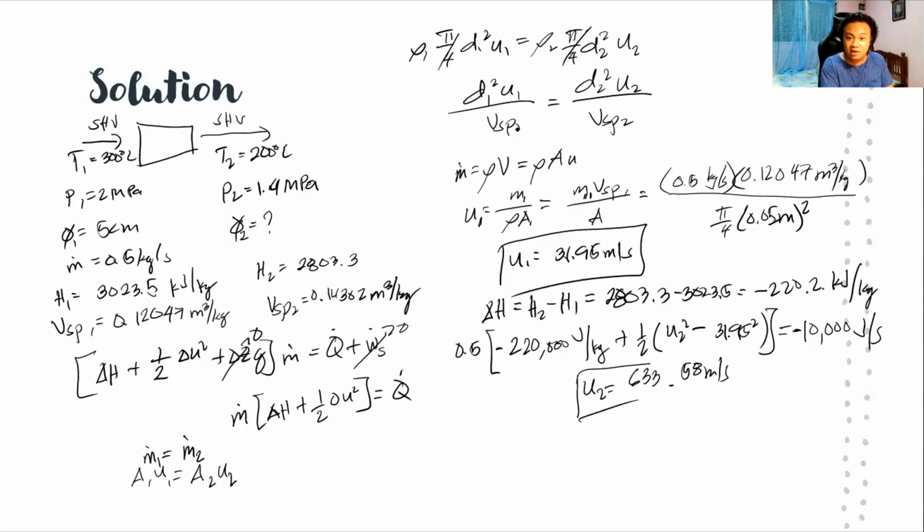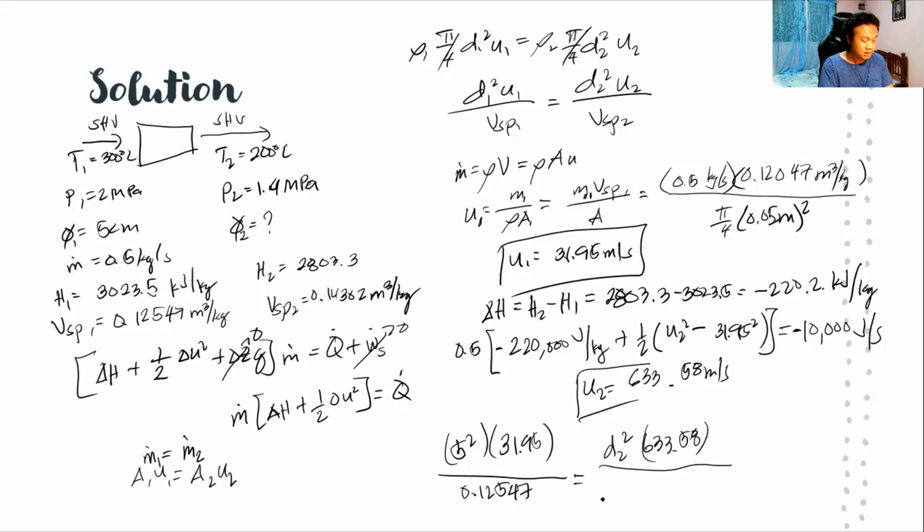And then you will substitute everything here in the equation above. So that's 5 squared times 31.95 over 0.12547, this is 0.12547 there, and then you have D2 squared, you have 633.58 over 0.14302.